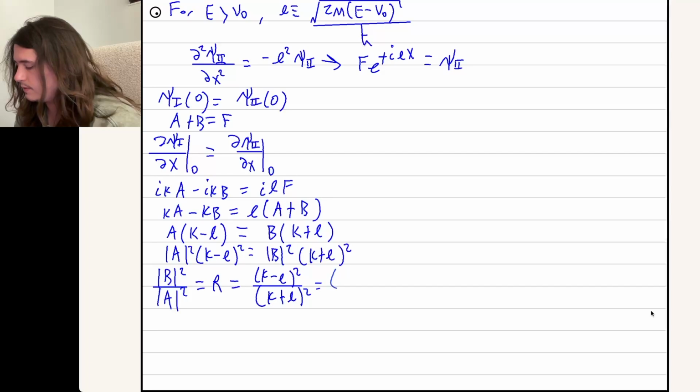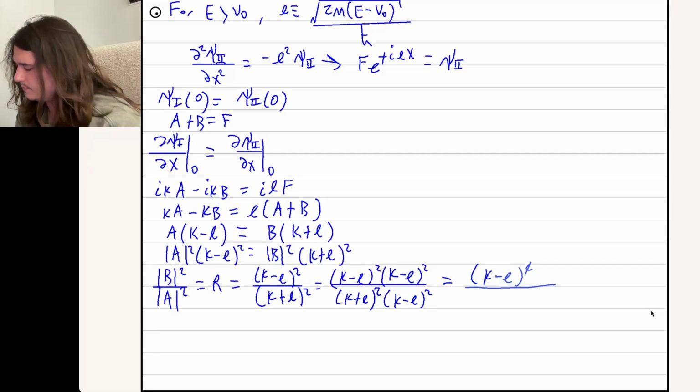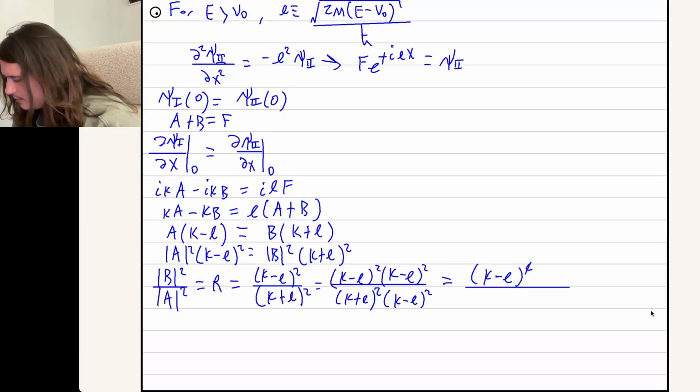The way to do it is you multiply the equation by 1, and by that I mean multiply by (k minus l) squared over (k minus l) squared. And so on the top side, we just have (k minus l) to the fourth, which is a little bit weird, but it's okay.